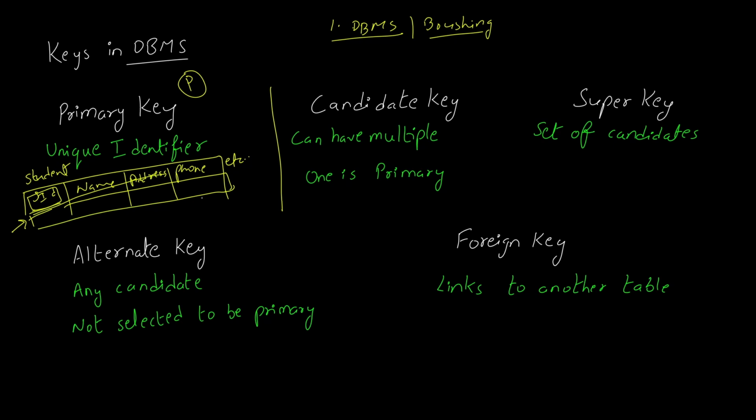You can think of it as a key to a lock. Let's say we have a cupboard and a lock over here. The key that we put into that lock will be the only thing to identify everything inside the cupboard.